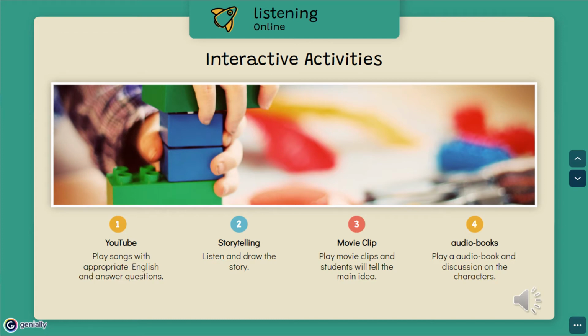If they understand the main idea, they understand everything in the clip. And finally, audiobooks. Obviously, if you have an audiobook, you can listen to different stories and maybe you can play an audiobook, listen to the story, and then discuss the characters.